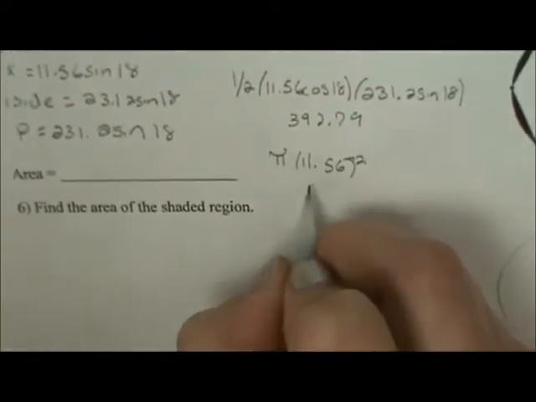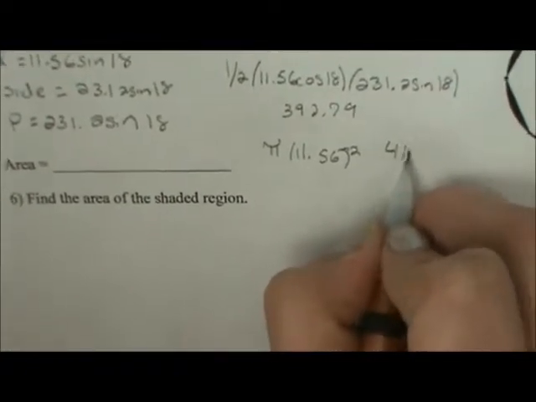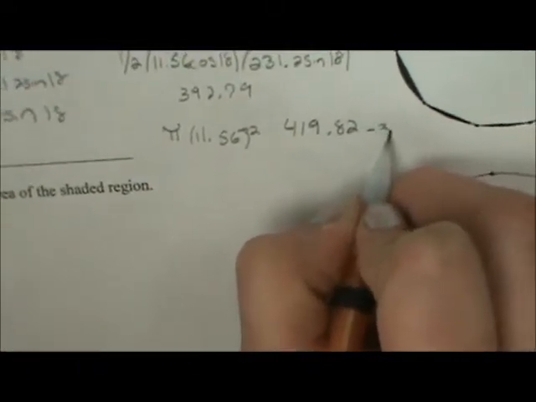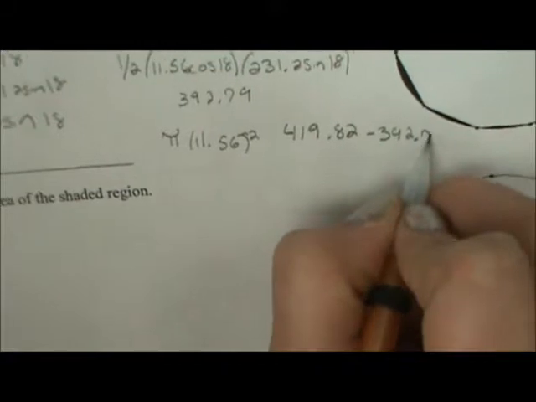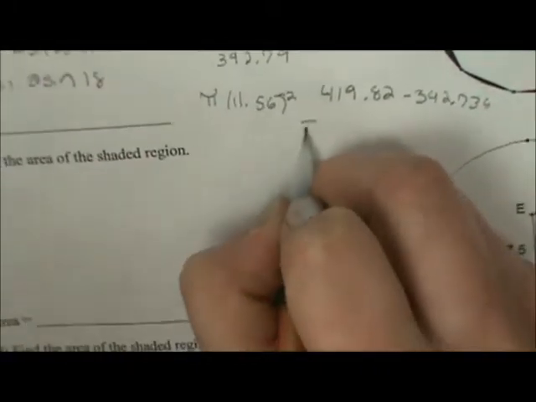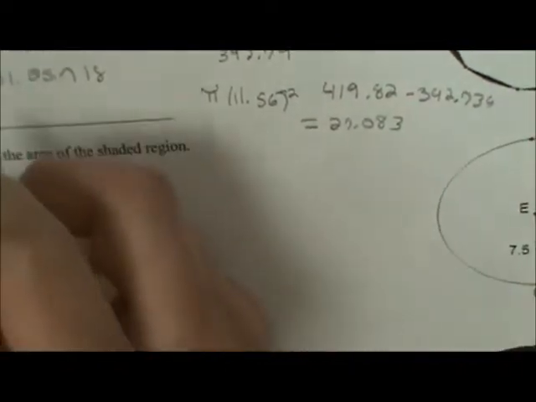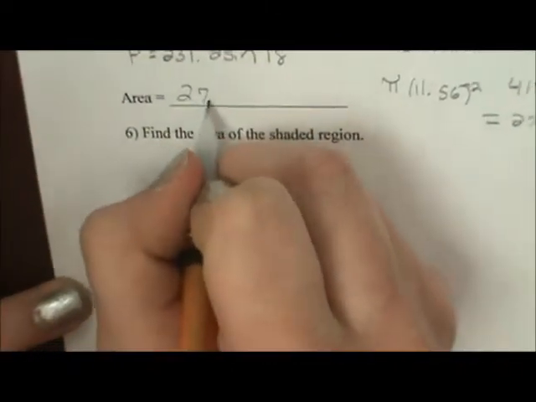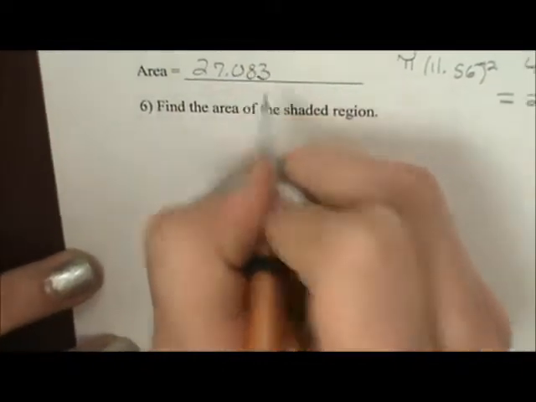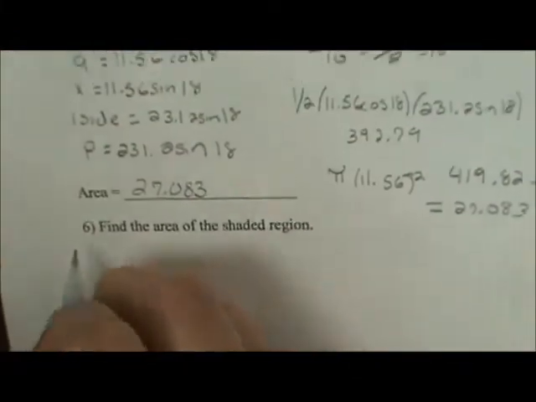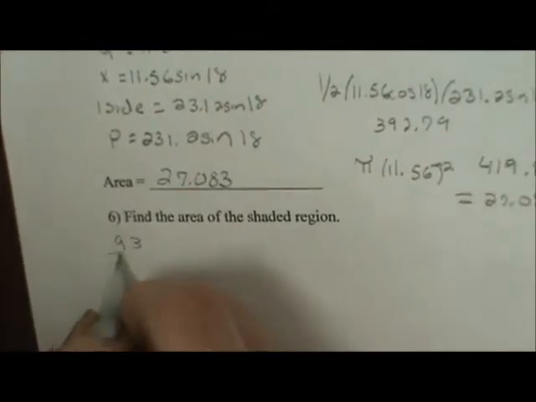And then our area of the whole circle is pi times 11.56 squared, or 419.82. So we're just going to subtract 392.79 from that, and then that's going to equal 27.083. That's our area of the shaded region.